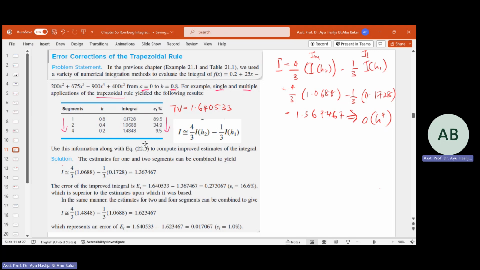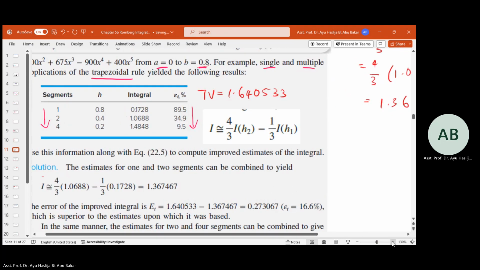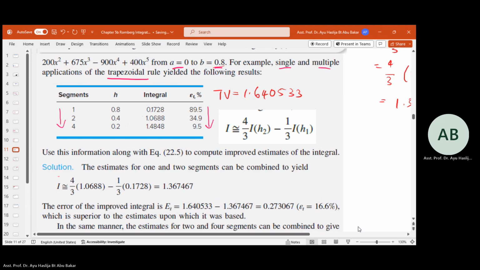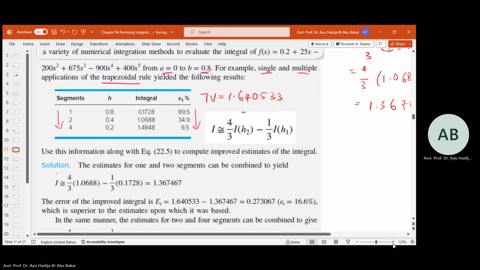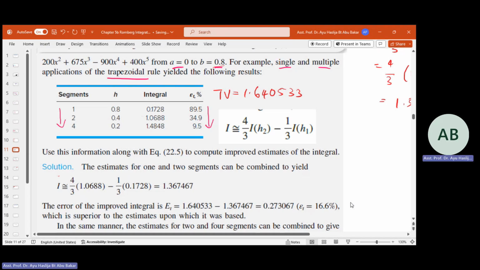Make it bigger. Now it asks you to use equation 22.5, which is this one, Romberg, to compute improved estimates of the integral.